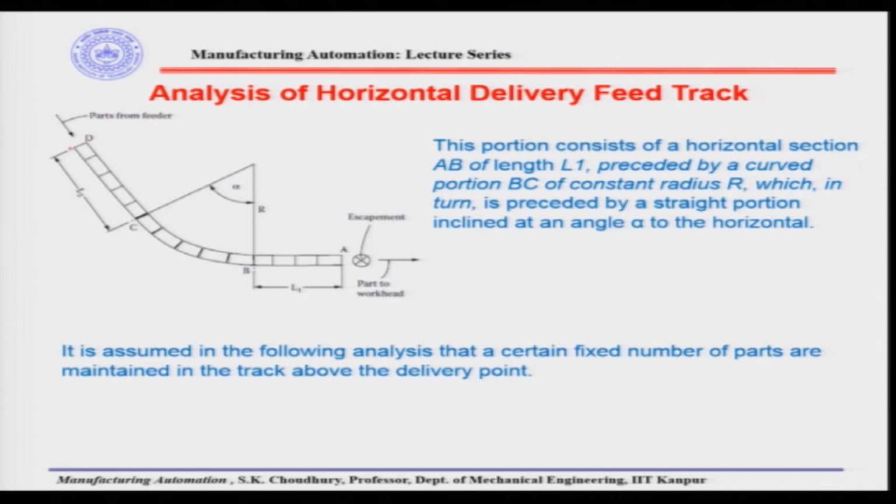Let us take an example of this feed track. Here we have the straight horizontal portion, the curved portion, and then the straight inclined portion. So AB is the straight horizontal portion of the feed track, BC is the curved portion, and CD is the straight inclined portion.